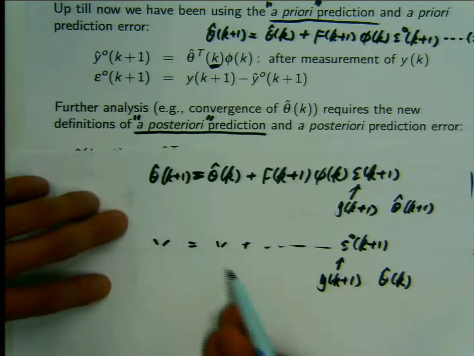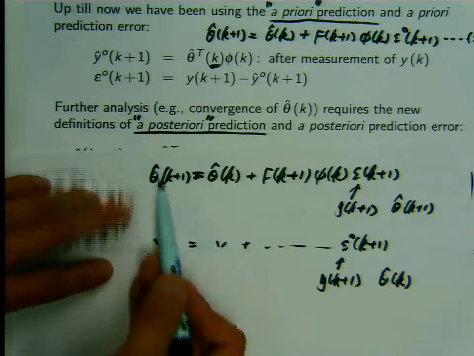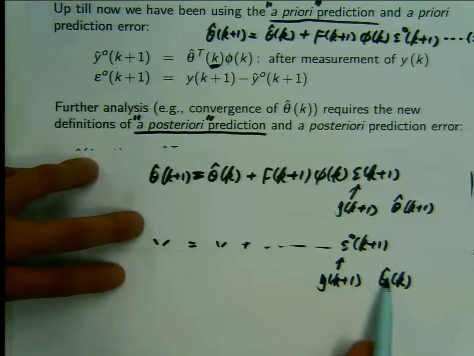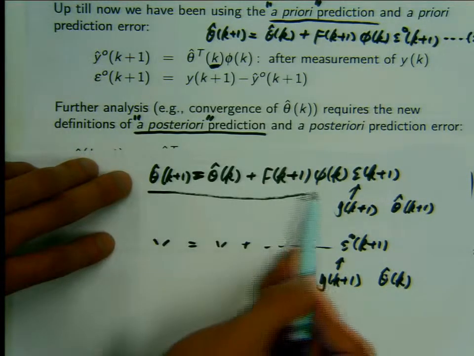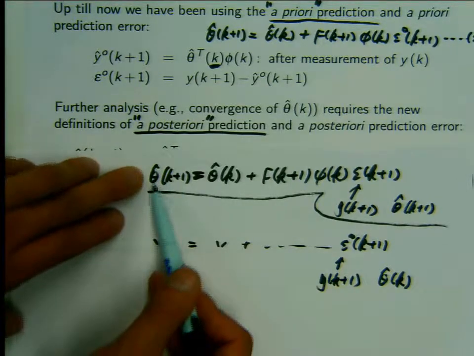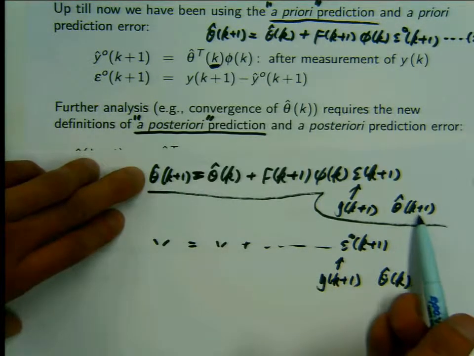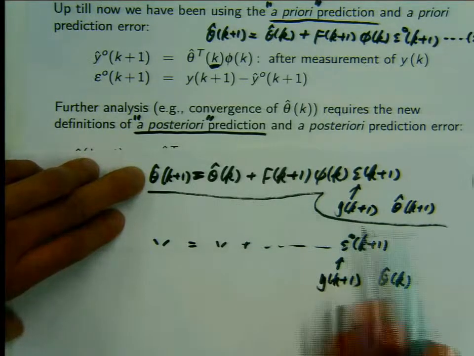Now, this equation is definitely implementable because you have theta hat k plus 1, and on the right-hand side you can update it by itself. But this one, you won't be able to implement, because you want to obtain this. It's like chicken and egg.